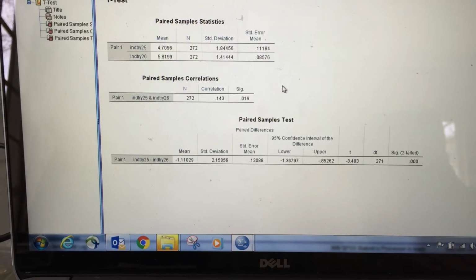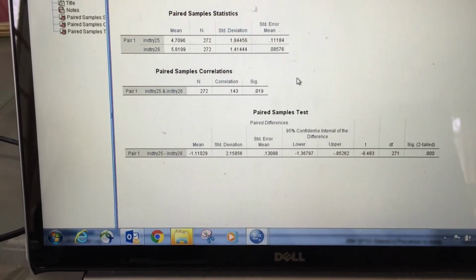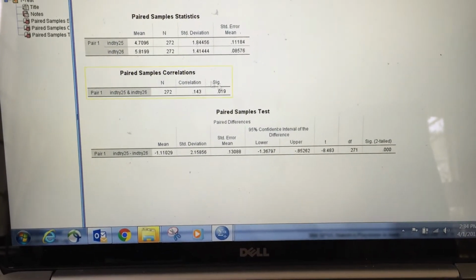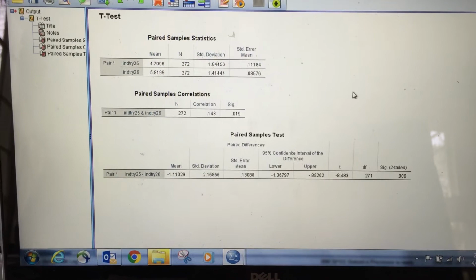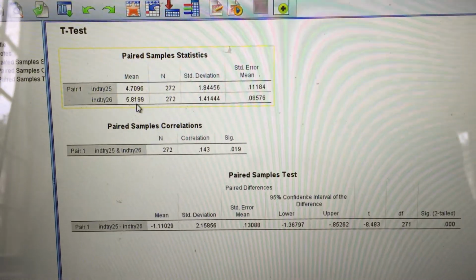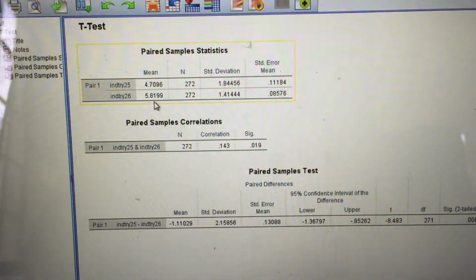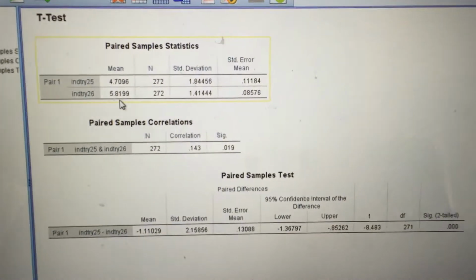But wait, you're not done yet. I'm going to be sitting on the edge of my chair as I'm grading your paper. So I need to know there is a statistically significant difference, but what is that? In order to complete your interpretation, you need to look back up here at the means. And when you look at the means, you see that we have a 4.7 for number 25.